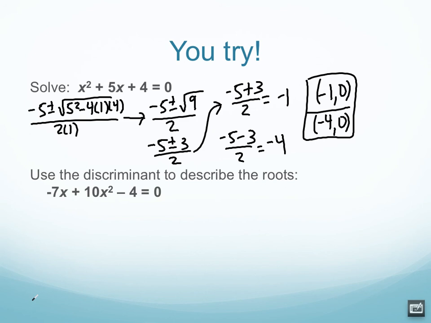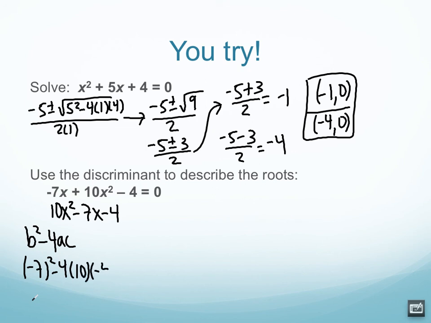Second one, first thing I would have done is rewrite the order. Okay, discriminant is b squared subtract 4ac. That's negative 7 squared subtract 4 multiplied by 10 multiplied by negative 4. This becomes 49.